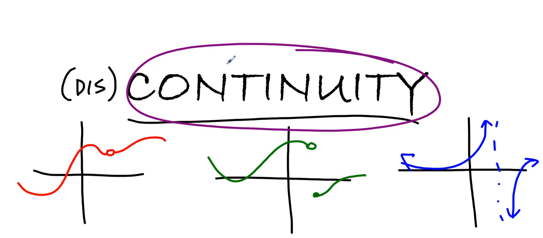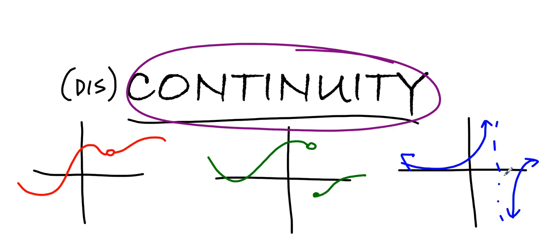If we can draw the function without picking our pencil up from the paper, we say that the function is continuous. But this is a break in a function. This is a break in a function. This is definitely a break in a function. So it's hard to talk about continuity without thinking about discontinuities.